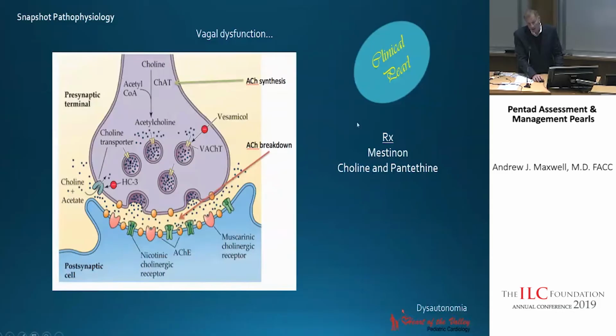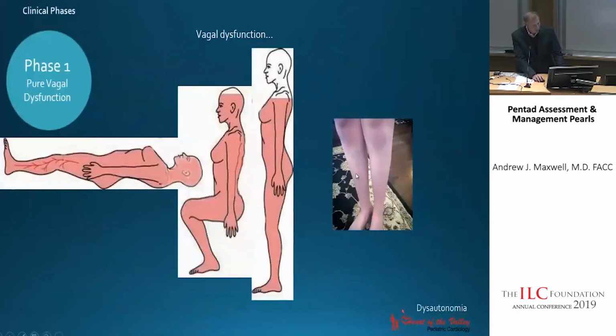And you can use them together and get some of a synergistic effect. And I've got a couple slides near the end that actually show how this is effective. So the idea here is you're using these medicines when you have a patient that looks like they're struggling to form acetylcholine, and oftentimes that is the typical POTS symptoms, but certainly racing heart and GI dysmotility would be clear times when pyridostigmine and choline and pantethine would be used.